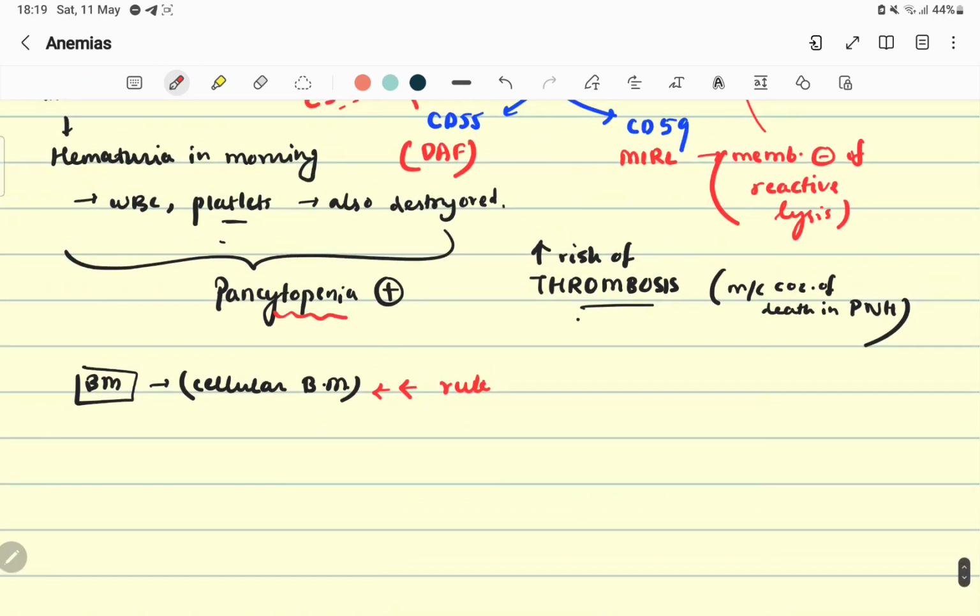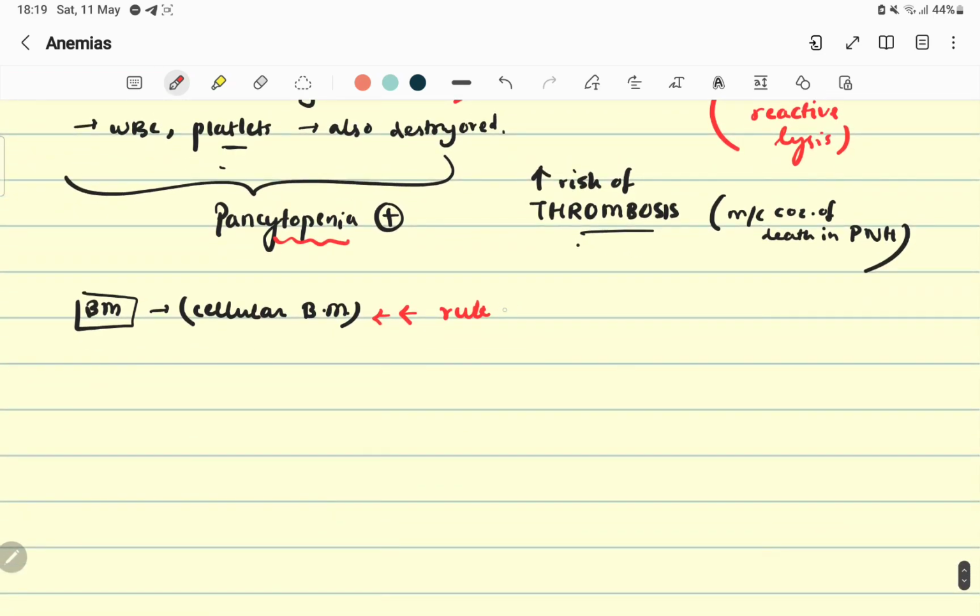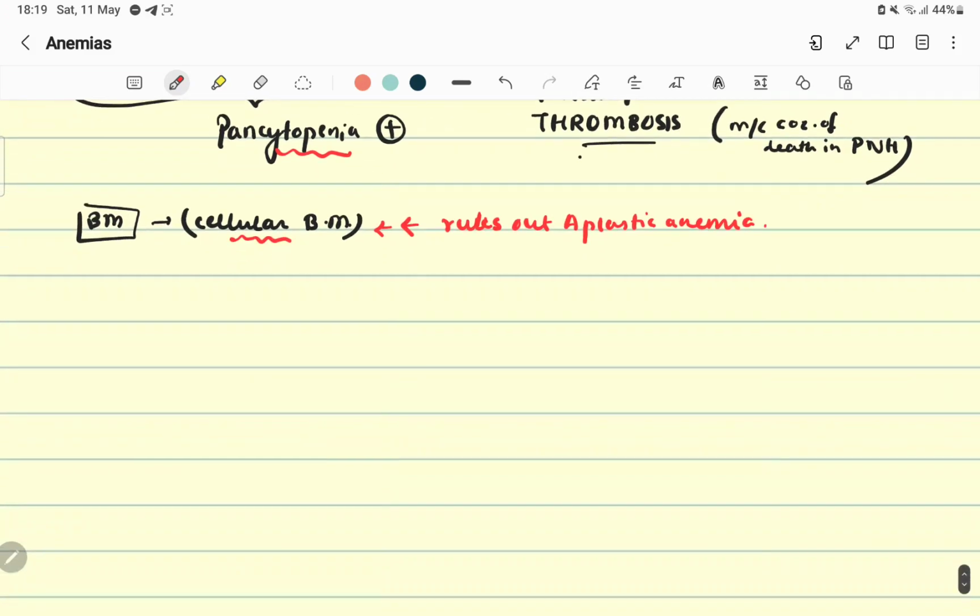Pancytopenia is also present in aplastic anemia, but there the bone marrow is destroyed. Here we have a normal cellular bone marrow, right? Then the peripheral smear will be normal because there's a uniform destruction, right? It is normal.